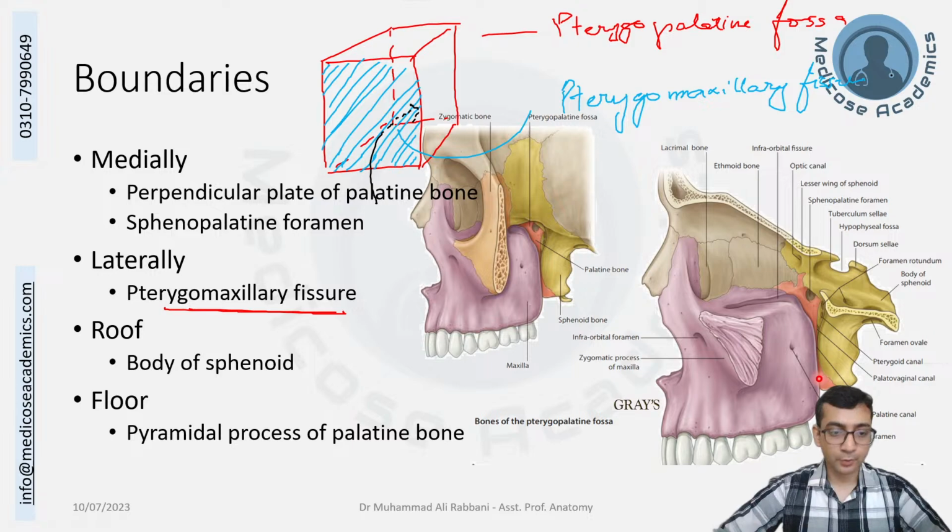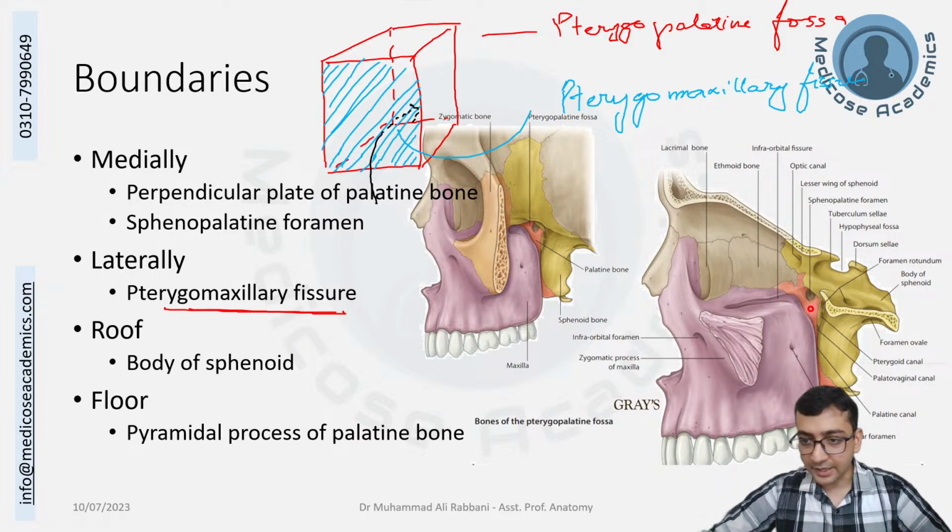So there is a pyramidal process of palatine bone inferiorly. Medially, you will see the one in red, the perpendicular plate of palatine bone, and the little bone, yellow part that is part of sphenoid bone, but majorly the part in red, that is the perpendicular plate of the palatine bone.